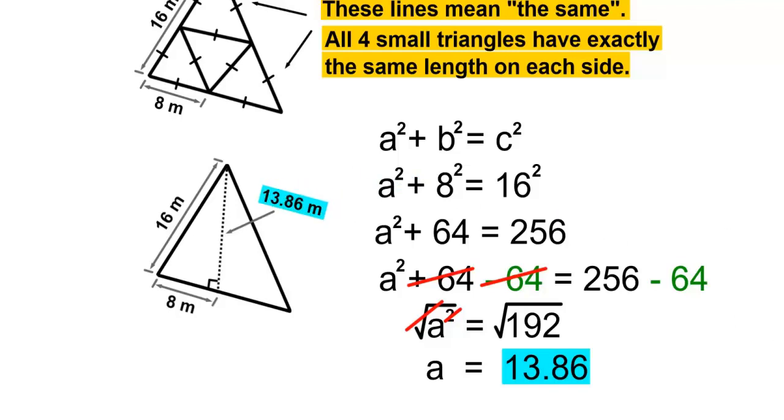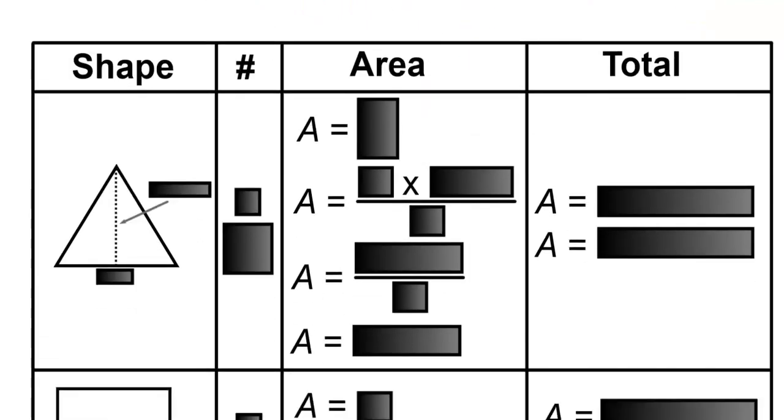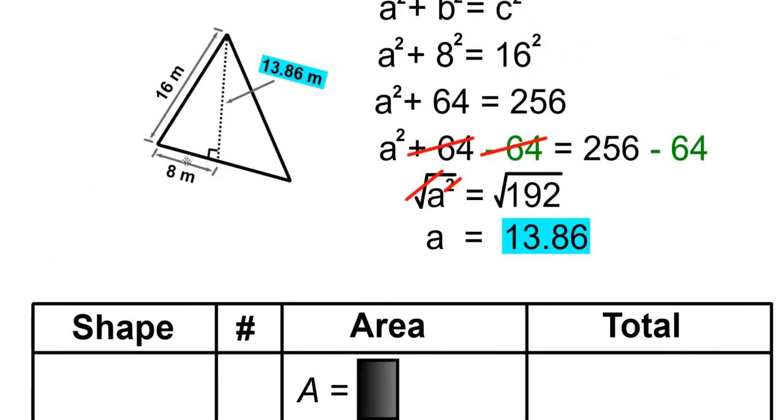Now that we have the height, we can solve for the area of the triangle. We'll use a graphic organizer. So if this is our triangle, the height will be 13.86 meters, and the base will be 8 meters times 2, which is 16 meters.